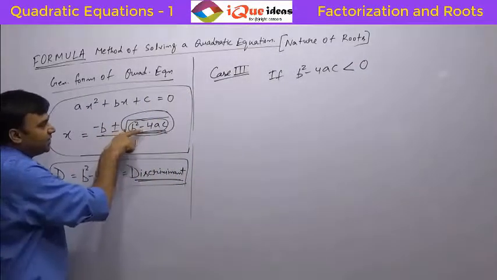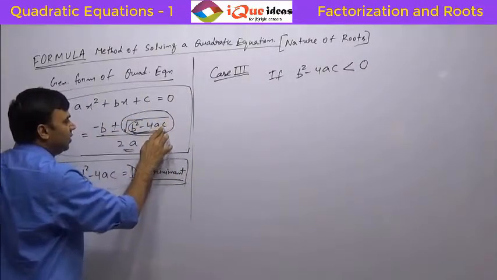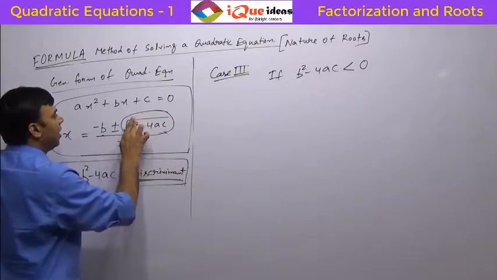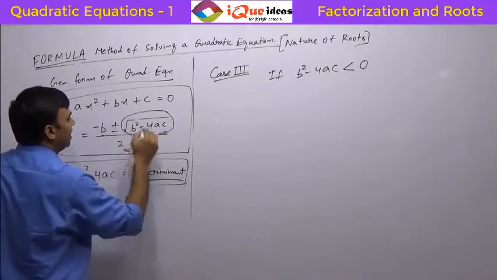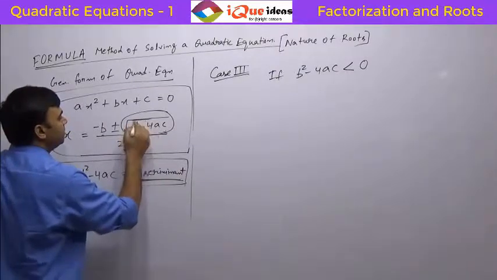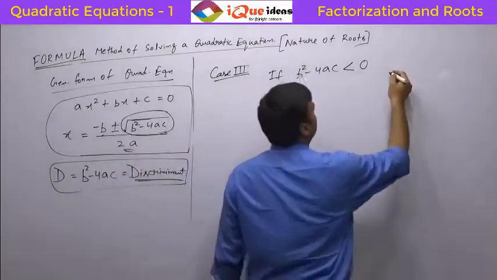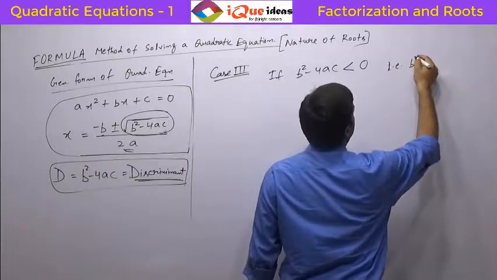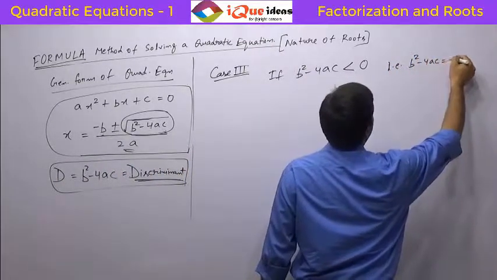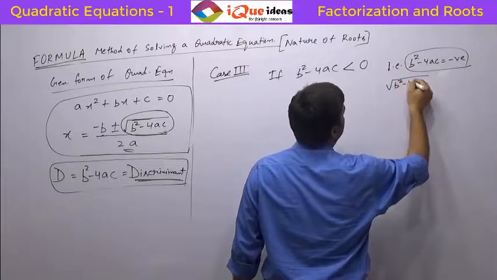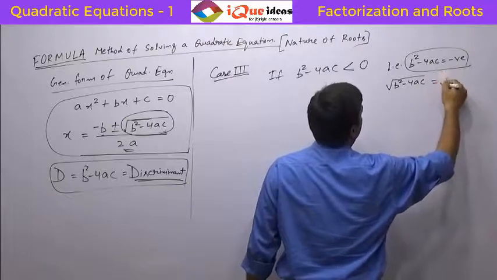If this b square minus 4ac is less than 0, that means it is negative. Now square root of a negative number is not defined. It is an imaginary number. Okay. So if b square minus 4ac is negative, that means b square minus 4ac is equal to a negative number. That means square root of b square minus 4ac will be square root of a negative number.